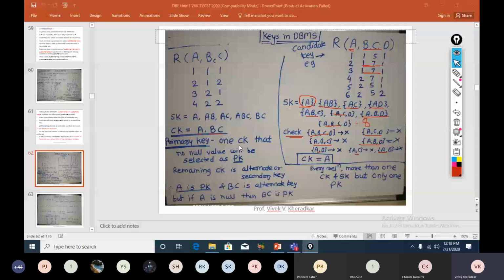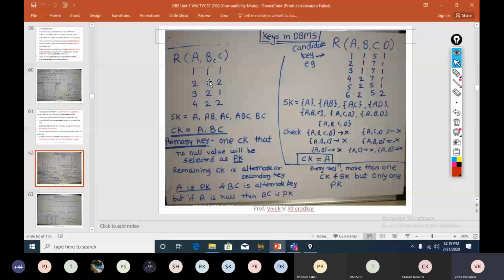So in this example, BC value is not null because, as you know, you have a database with you, and you know what the values in your relation are. Currently I have this table. If I check the value of the BC combination, it is definitely not null because we have only 4 rows and all 4 rows have values.